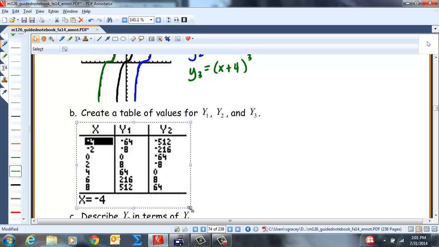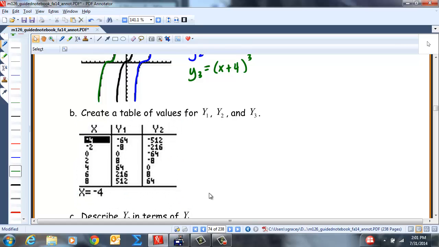So if you look here at our table, when x is -4, your original graph would be at -64. Your second graph is going to be -512. But I'm looking for the things that correspond. So when x is 0, the original library function is 0.